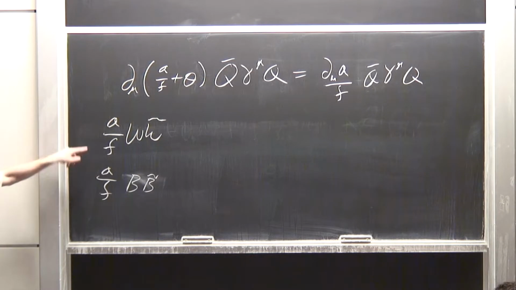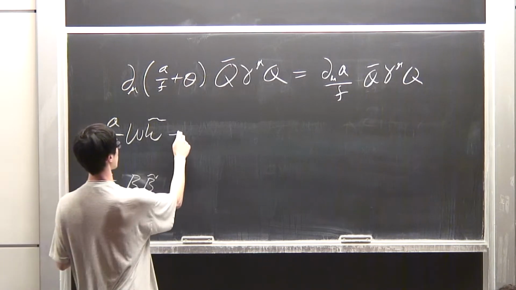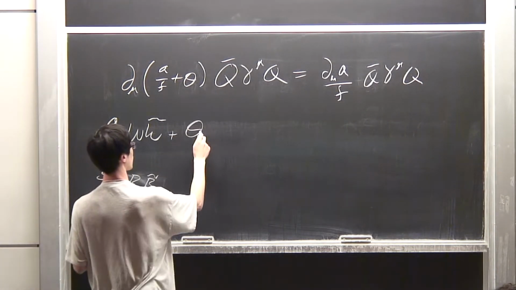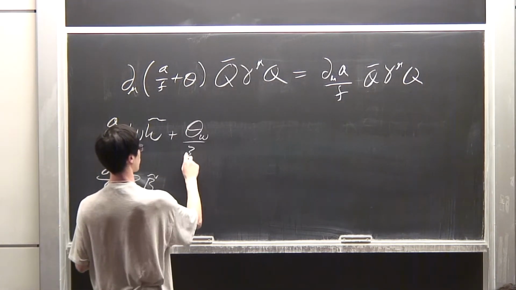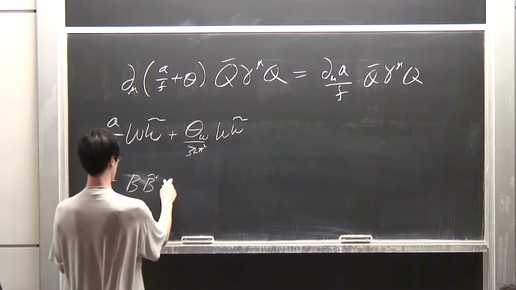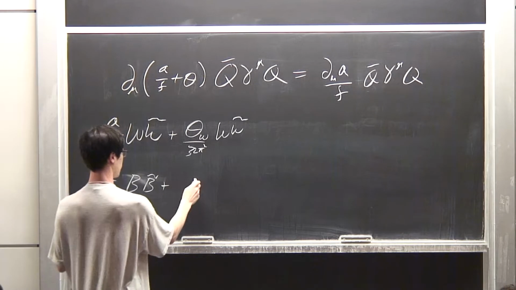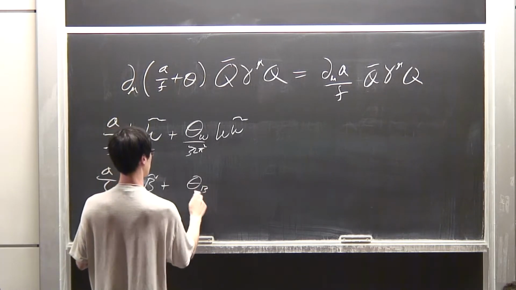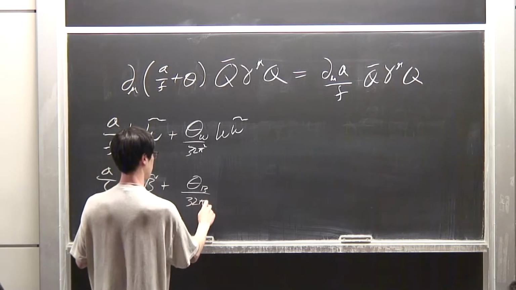So why don't you necessarily generate these guys? The reason is you can do plus theta weak over 32 pi squared W W tilde plus theta B over 32.